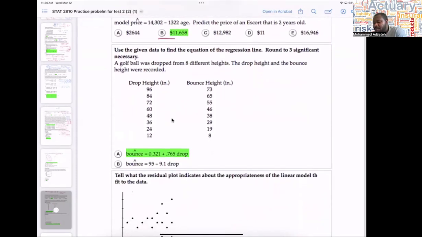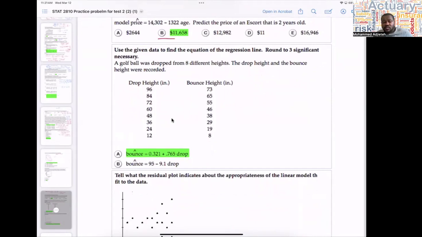Okay, here we are asked to use the given data to find the equation of the line and then round to three significant figures. To be able to find this equation, we will need StatCrunch.